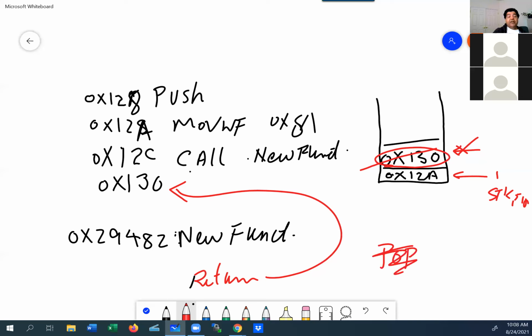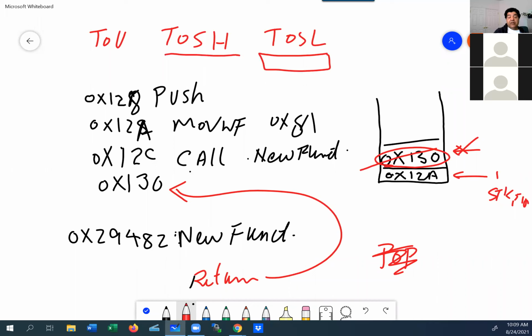Now, once in a while, you get questions like, what is the top of stack upper, what's the top of stack high, and what is the top of stack lower? Basically, to keep the PC, which is what gets shoved on the top of the stack, is always program counter. It has to have 3 bytes to hold it. So the first 2 digits of hex is the lowest byte.